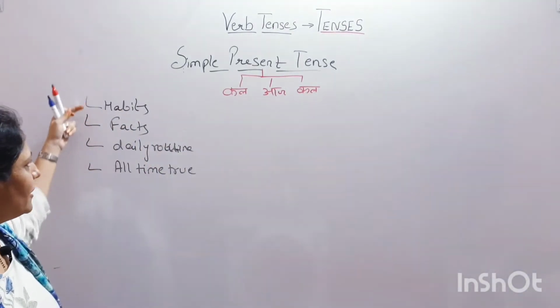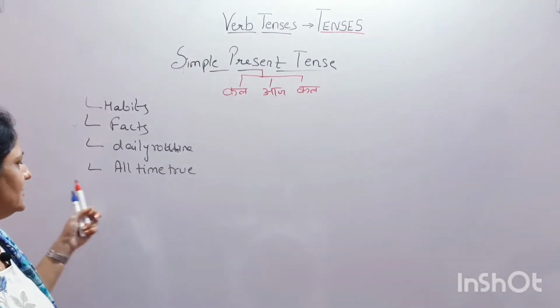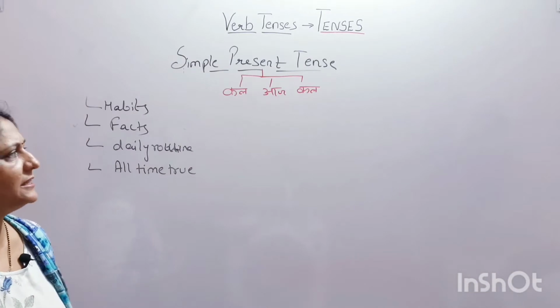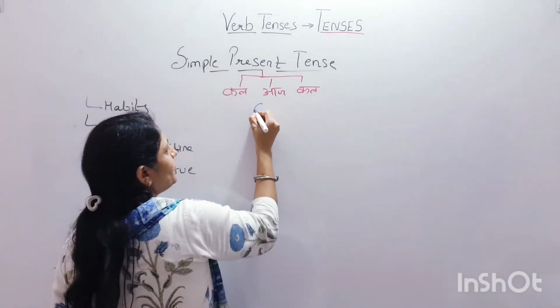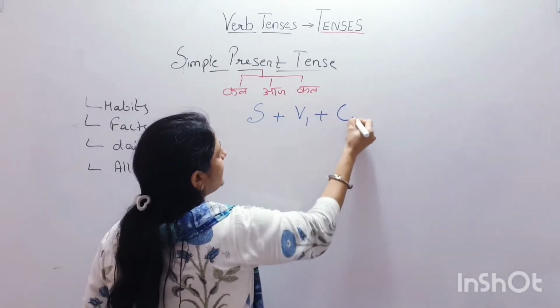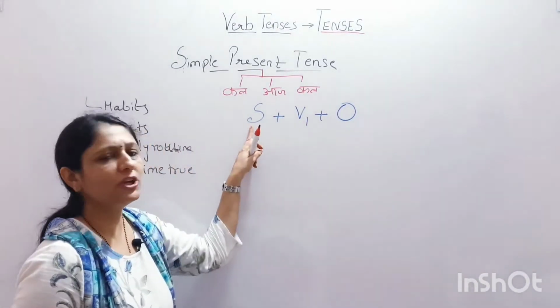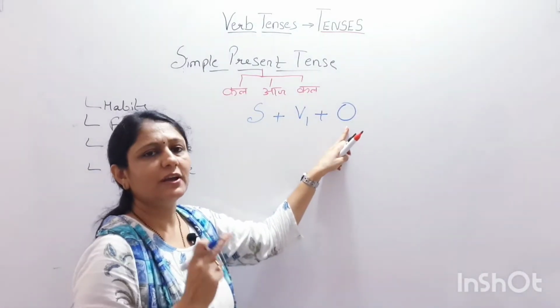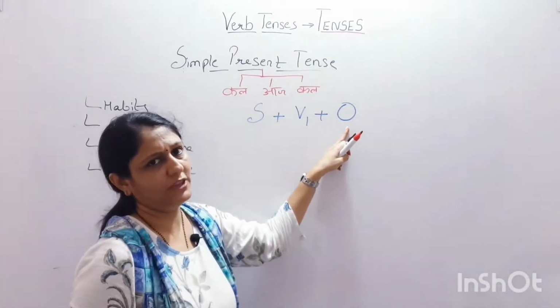But before I give you the examples of all these things, let me tell you the formula for simple present tense. The formula for simple present tense is subject plus V1 plus object. Subject is always the doer of the action and object is always the receiver of the action.